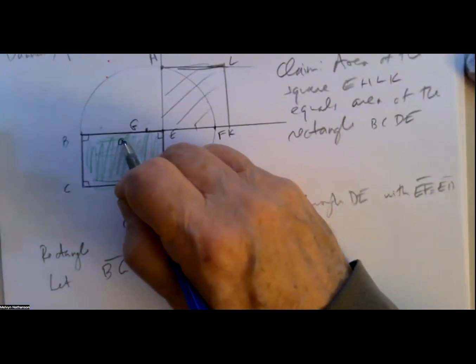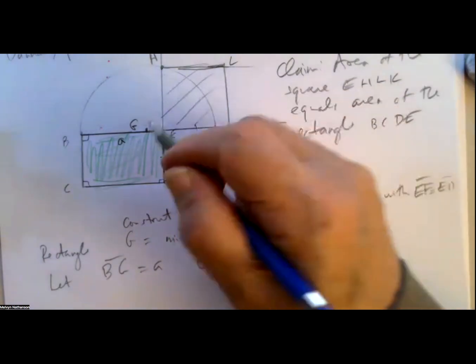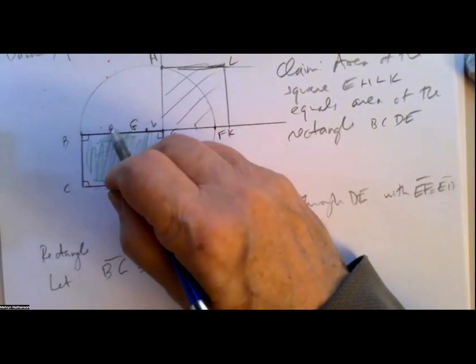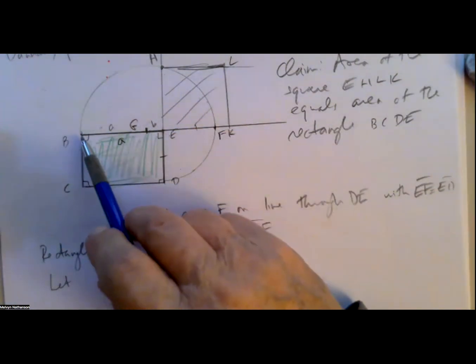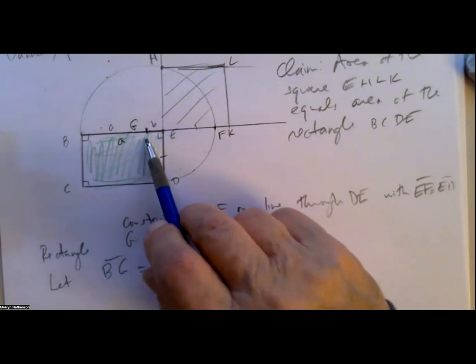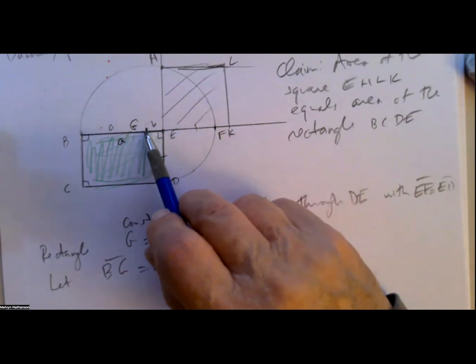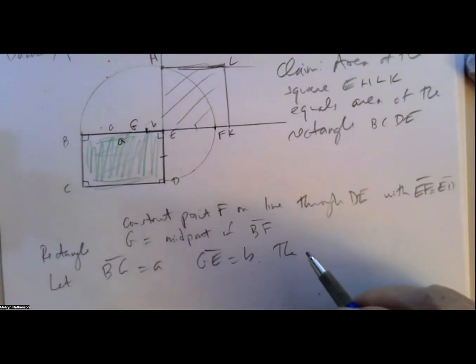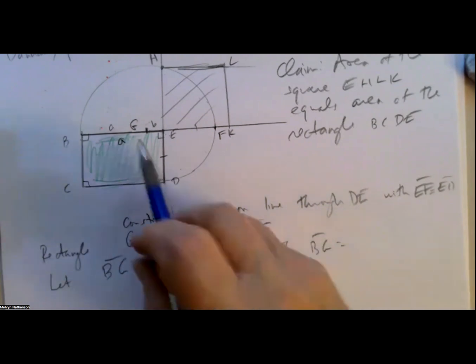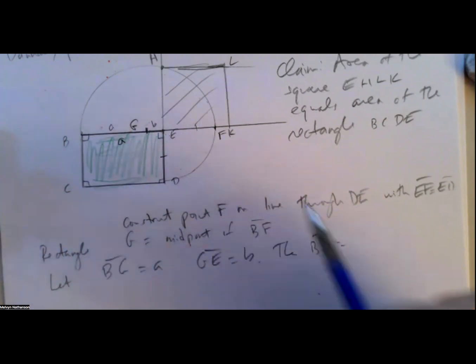So this distance is A, and this distance is B. Now, the distance from B to G equals the distance from G to F. G is the midpoint of the line segment from B to F.